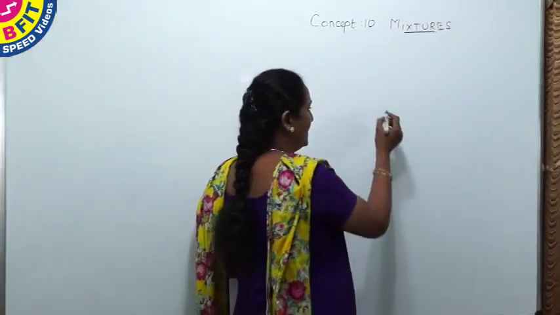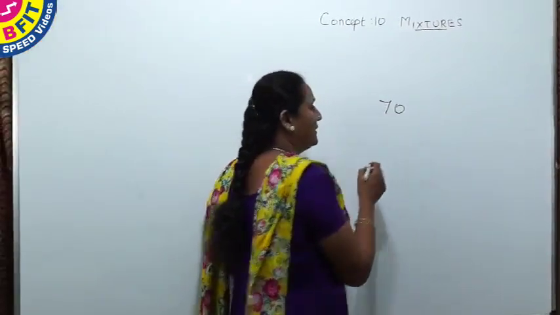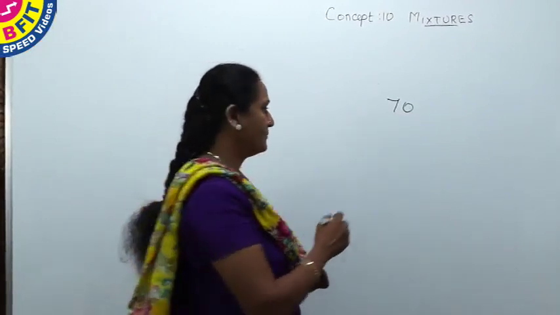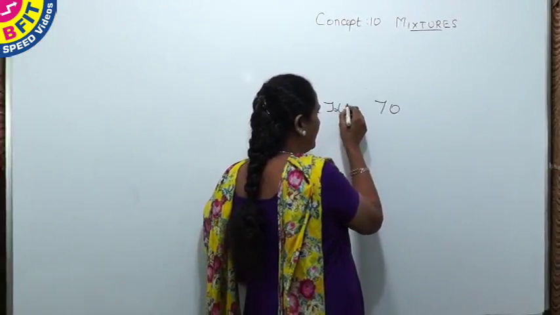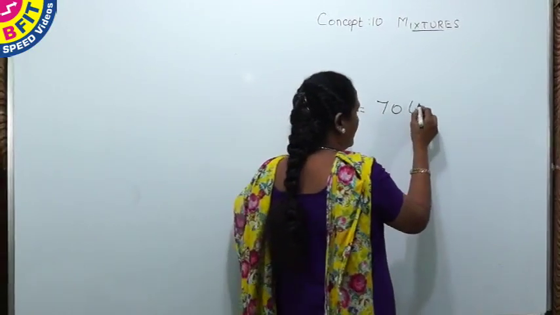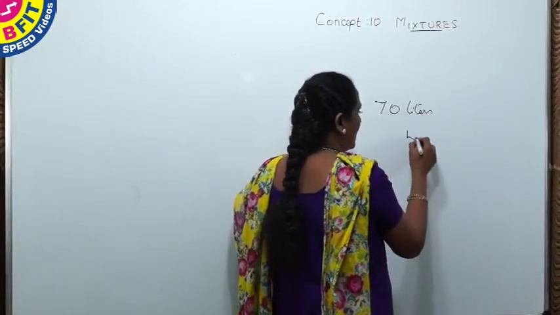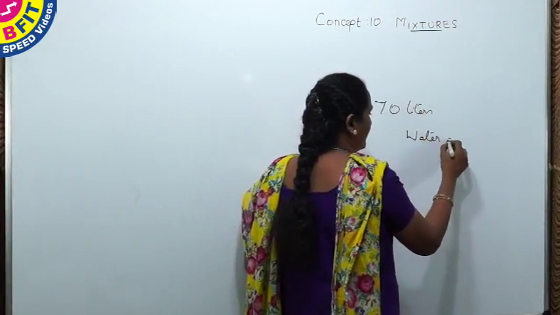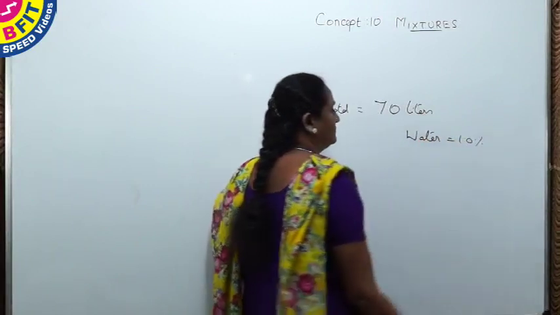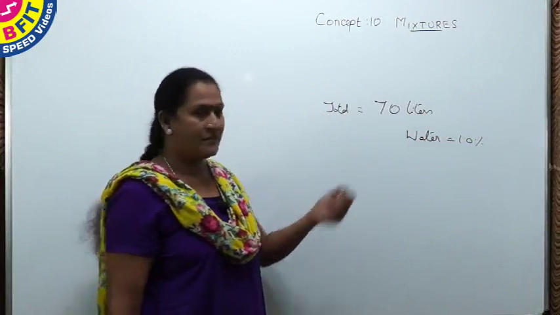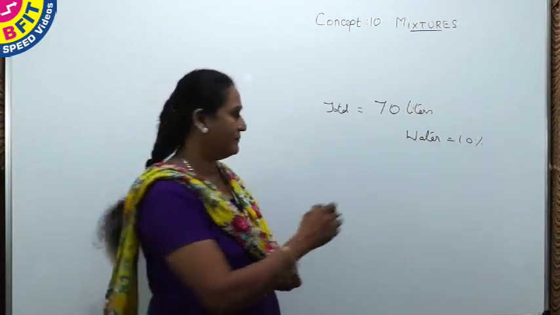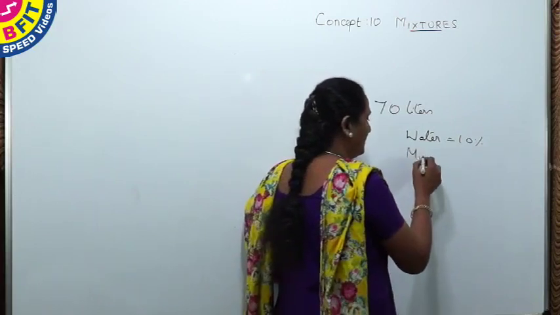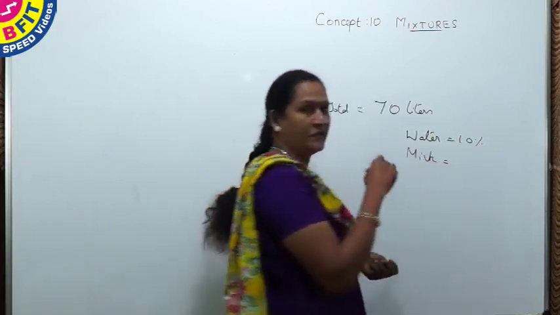So in this question the quantity of mixture is 70 liters. So water is 10%. So when water is 10%, what will be the percentage of milk? So the remaining will be the percentage of milk.